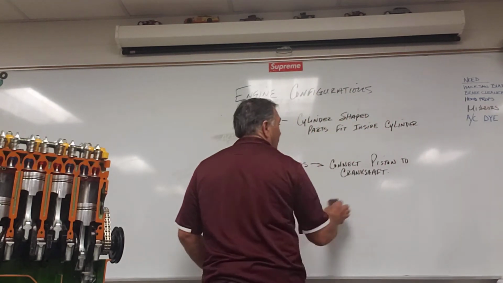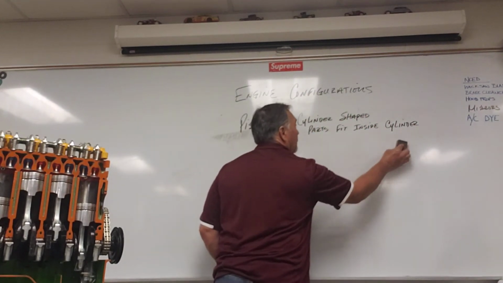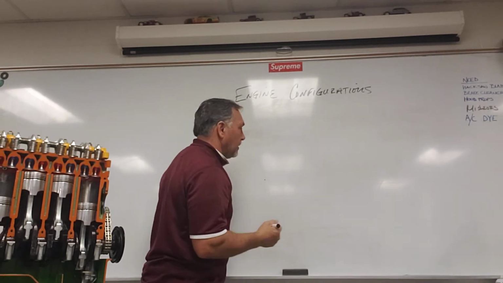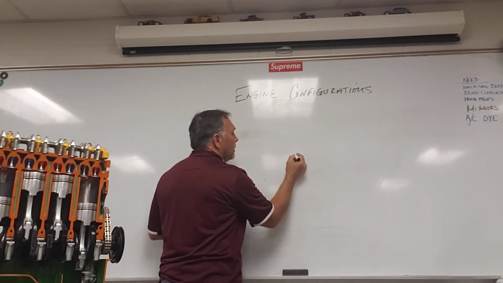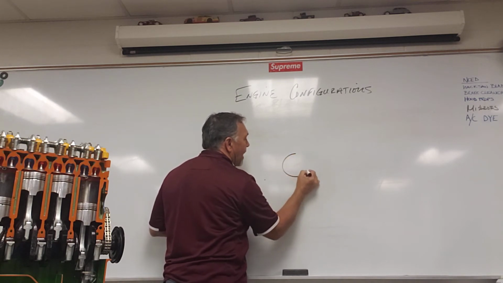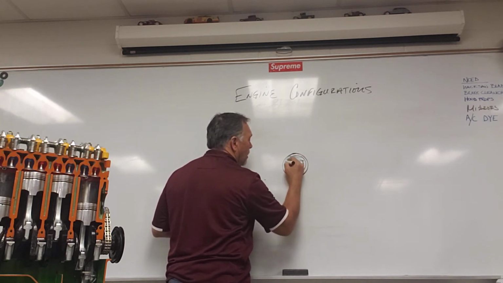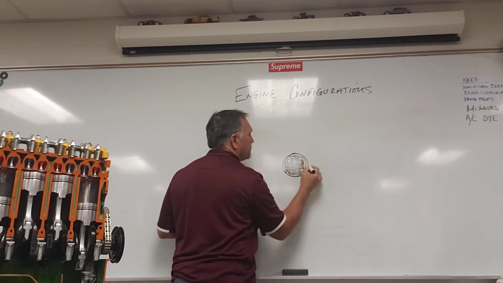So if we draw a little bit of a picture, let me see if I can get a good picture for you to help you understand just a little bit better. So we'll say as an example that this is our crankshaft.